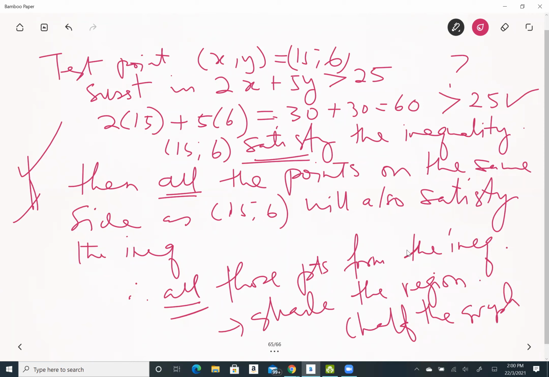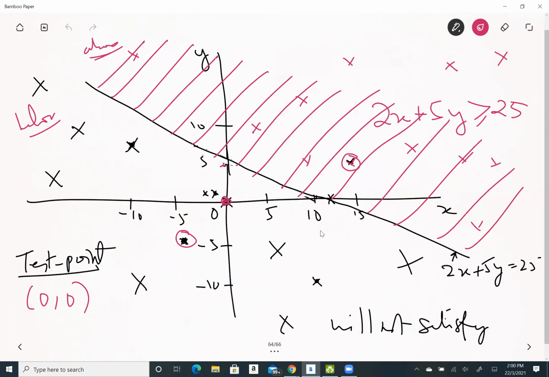Either on the top of the line or the bottom of the line. So if you go back to the graph, either above or below, or up or down.